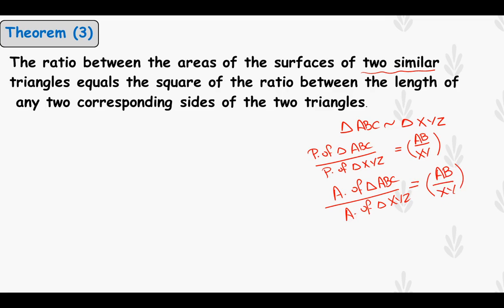So this equals AB over XY, all to the power of 2. The ratio between the perimeters of any two similar polygons equals the ratio between any two corresponding sides, but the ratio between the areas of two similar polygons equals the square of the ratio of the corresponding sides.